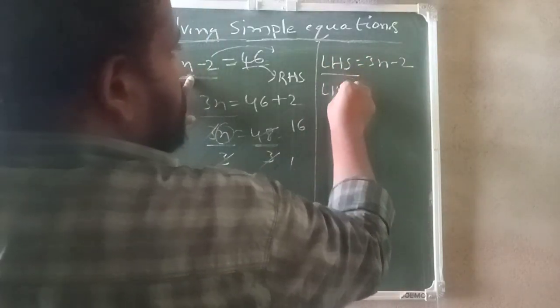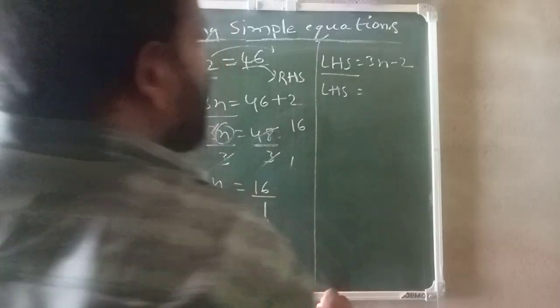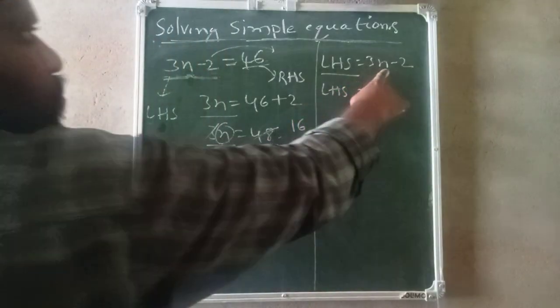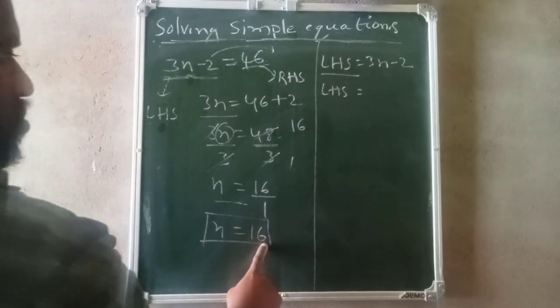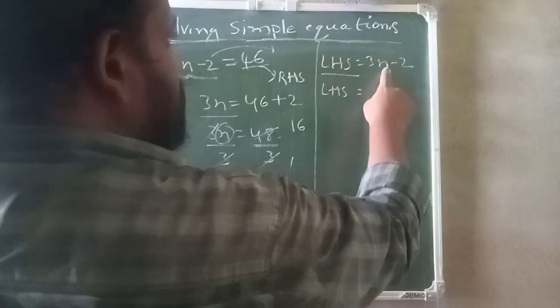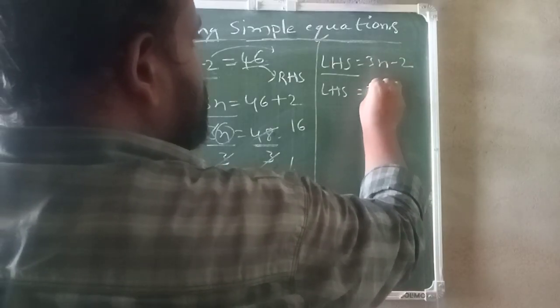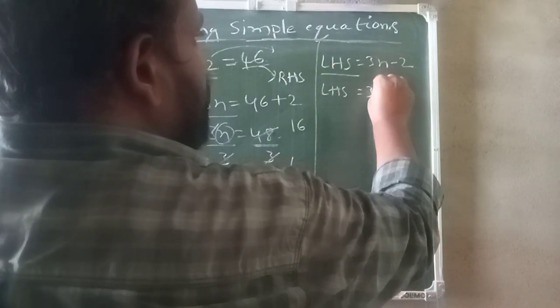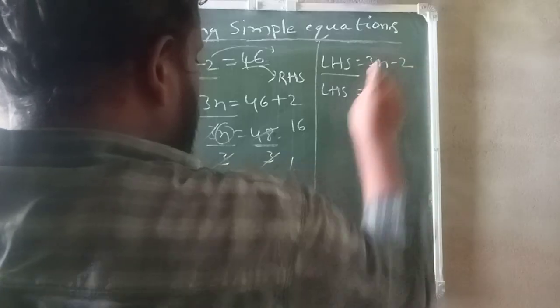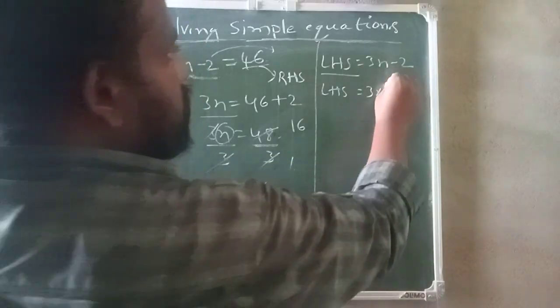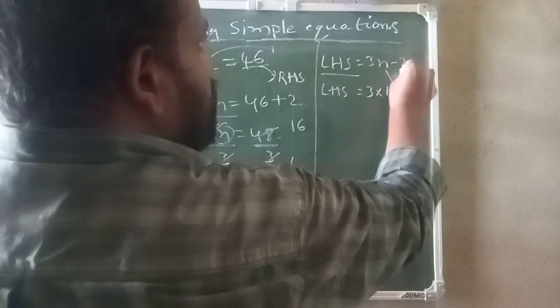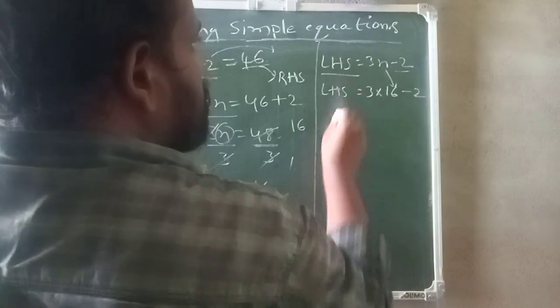Next, write this LHS is equal to, we will substitute the value for n. So we got n is equal to 16. So I will write 16 in place of n. Before that, write this 3. Here into is there, into 16 in place of n. So minus 2 write as it is.